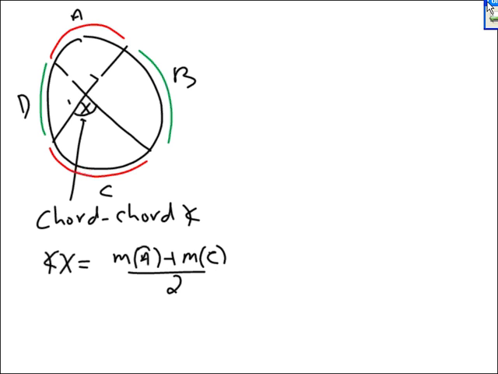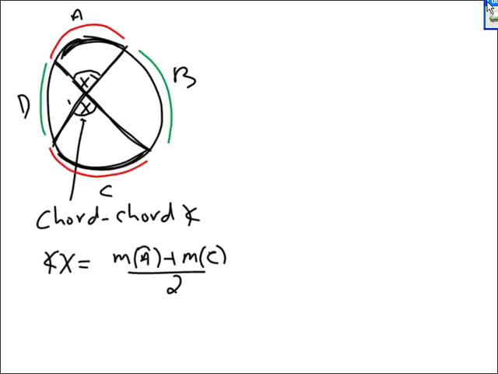It's the average of the chords. And remember, this is also angle X. So it's the average of the chords that angle X cut off. Angle X cut off this arc, and the other angle X cut off that arc. The average of those two arcs will equal angle X.